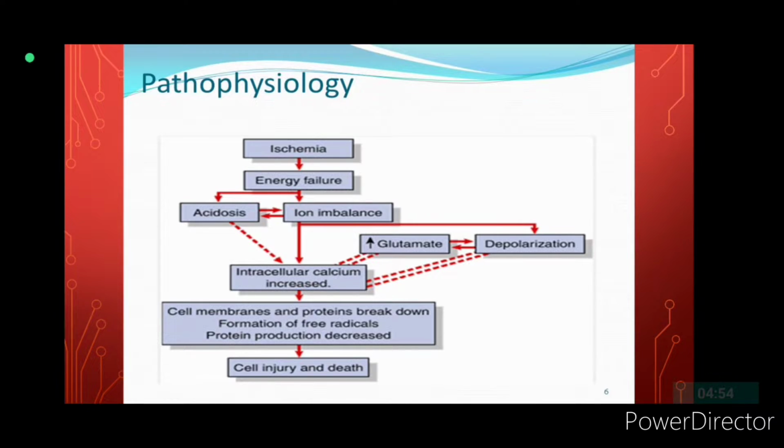Depolarization leads to increased intracellular calcium. Increased intracellular calcium then breaks down cell membranes and proteins, formation of free radicals, decreased protein production. It leads to cell injury and cell death.